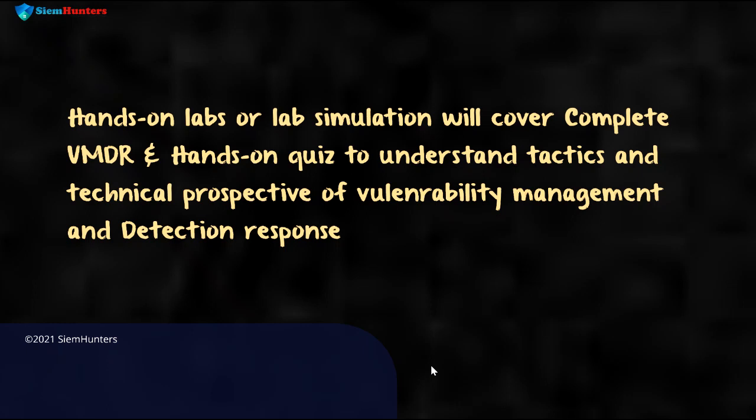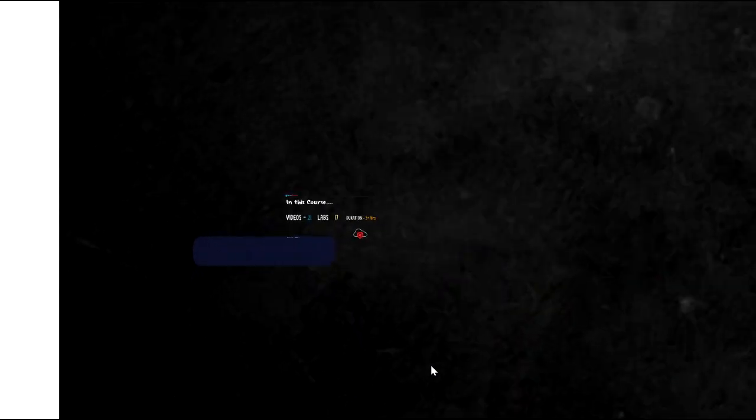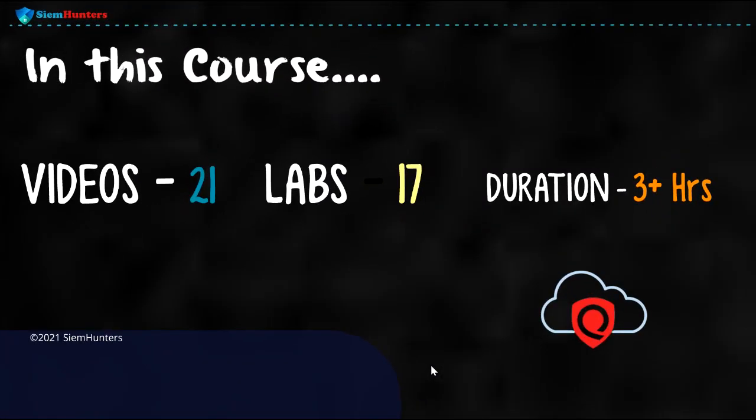Hands-on labs or lab simulation will cover complete VMDR and hands-on quiz to understand tactics and technical perspective of vulnerability management and detection response. So, in this course, we are going to teach you 21 videos and 17 labs, total duration of 3 plus hours.